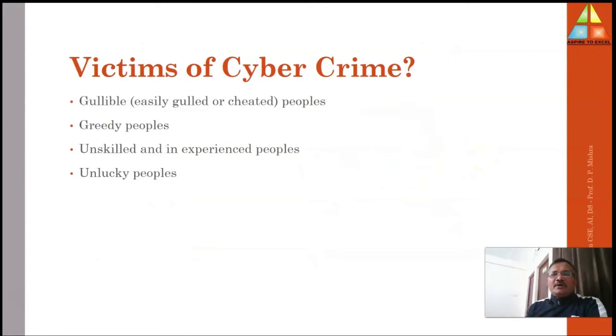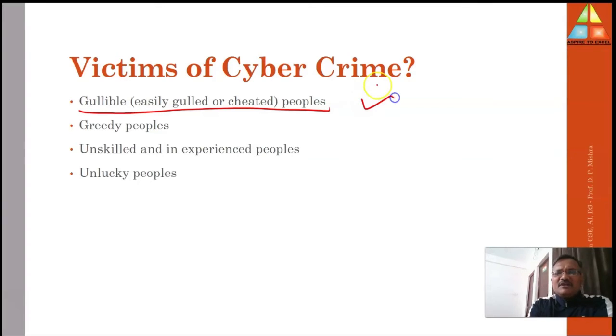Now, victims of cybercrime. These are the major profiles related to the victims of cybercrime. First, gullible people, or easily cheated people. We may term them simple, foolish or gullible persons. Second profile is greedy people or needy people.